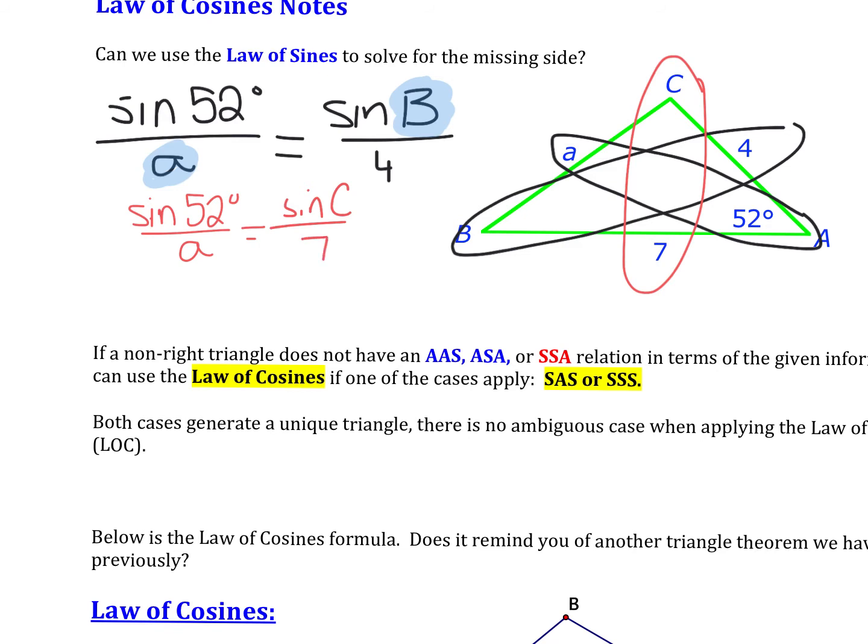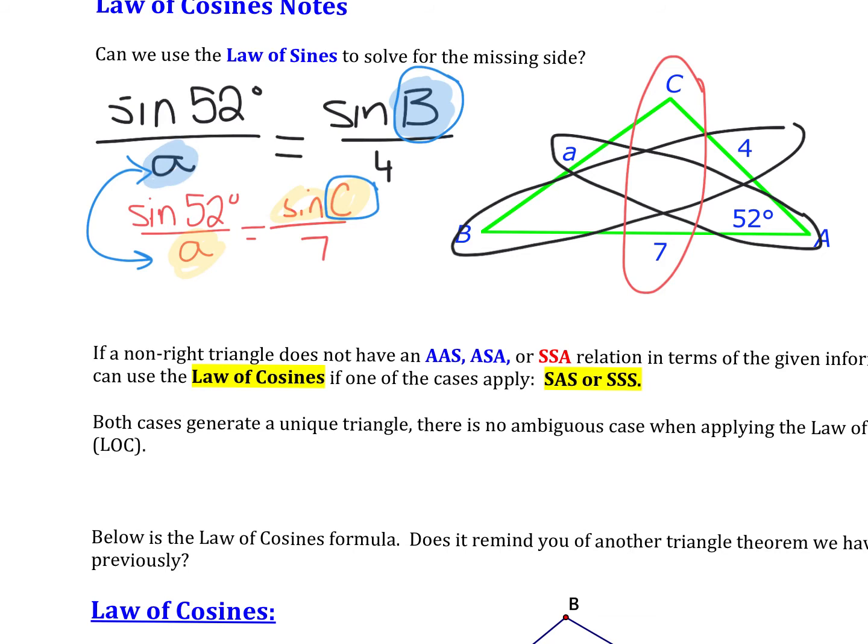And again, we have two unknowns, little a and angle C. I can't do a system here because A is in common, but they have two different variables, angle B and angle C. Even if I plugged in A, it's going to be in terms of one of the other variables, and I'd still have two unknowns. Therefore, this problem cannot be solved using the law of sines.